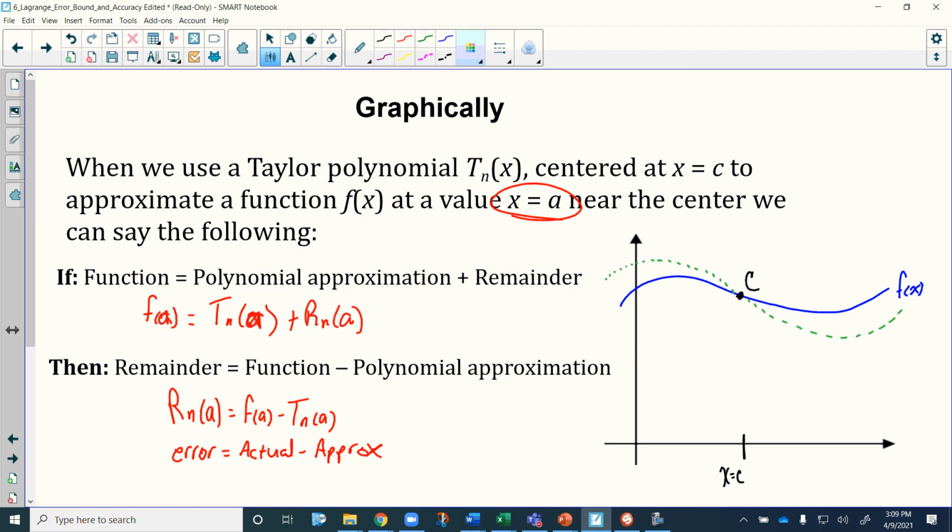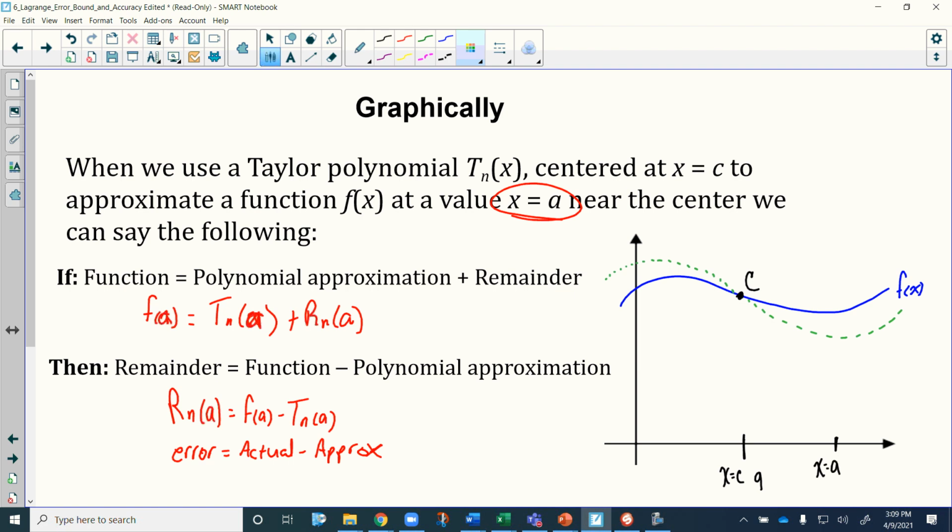But the Taylor polynomial is not necessarily going to be used to find what the value is at the center. Maybe we want something just to the right of it or just to the left of it. So x is equal to c. Well, c could be any number. It could be 9. Okay. Now, depending on the scale, maybe right here is where x is equal to a.